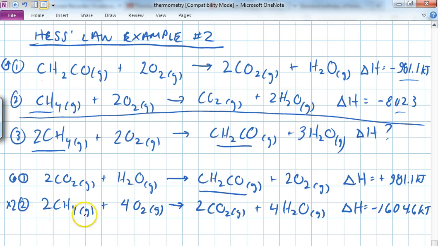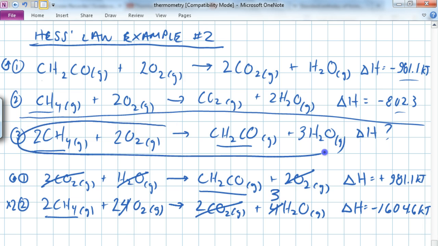Now when we add these two together, we should get 2CH4. That's right. What happens to our CO2? CO2 is going to cancel because it's the same on both sides. This H2O is going to cancel, and this is going to change to 3H2O. This oxygen is going to cancel, and this will change to 2O2. And that gives us exactly what we were looking for right here.